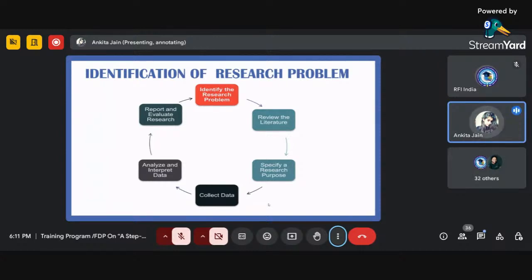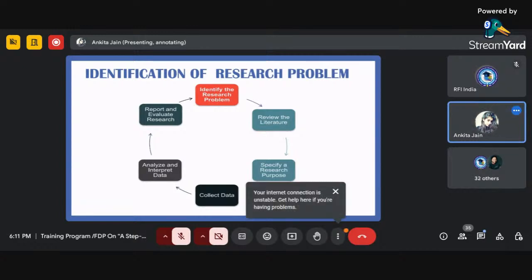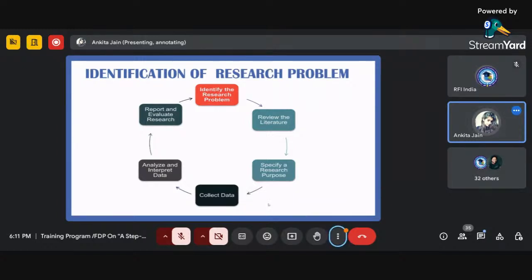Then after the data collection, you have to analyze and interpret the results so that you can come out with the results. Ultimately, you have to think about what kind of test you are going to apply.